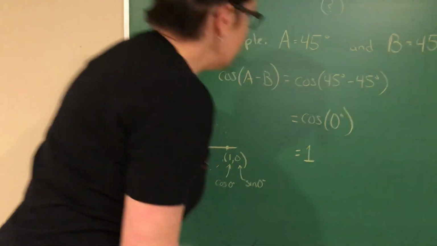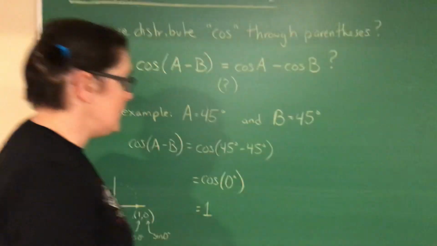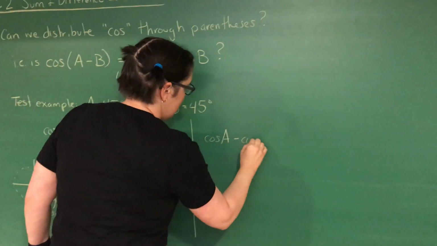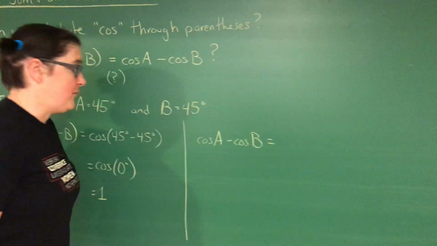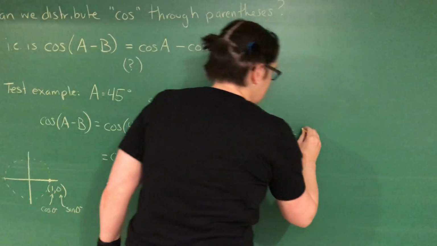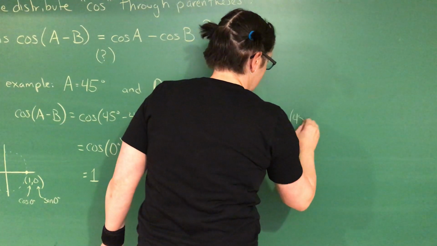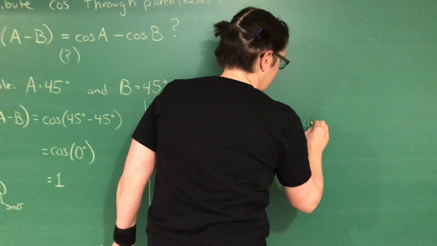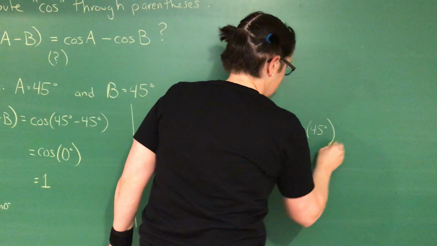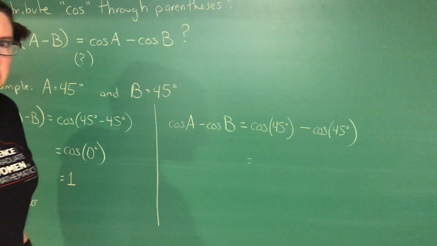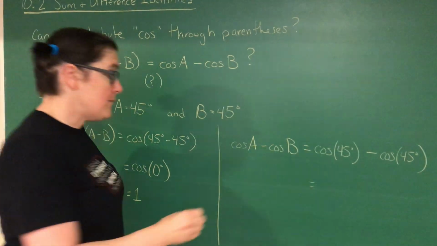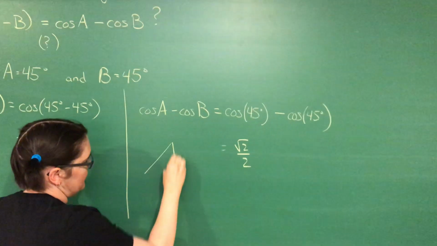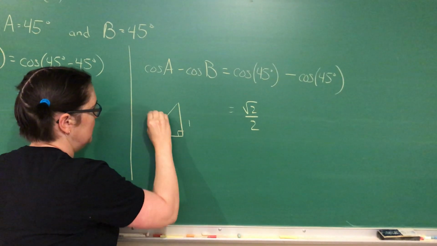Okay, so that is cosine of a minus b, and let's compare that to cosine of a minus cosine of b. Our a value is 45 degrees, so we have cosine of 45 degrees minus our b value, which is also 45 degrees, so minus cosine of 45 degrees. Cosine of 45 degrees, I might remember that that is square root of 2 over 2, but if I didn't remember that, then I could draw out the 45-45 right triangle.